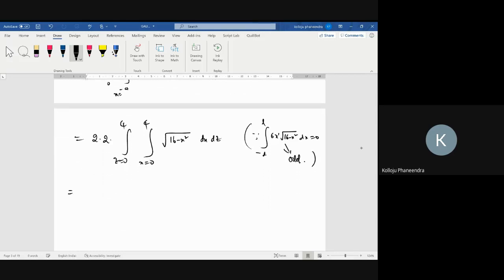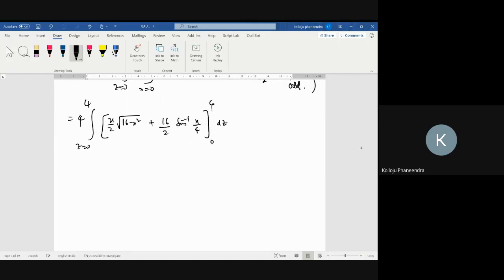This is 4 into z equal to 0 to 4. What is this value? Integration gives x by 2 into root of 16 minus x square plus a square by 2 into sine inverse of x by 4, between 0 to 4, dz. That is equal to 4 into 0 to 4.